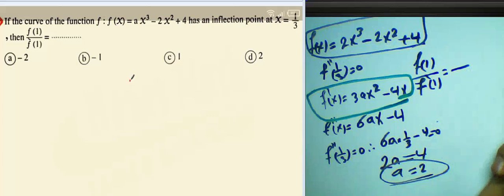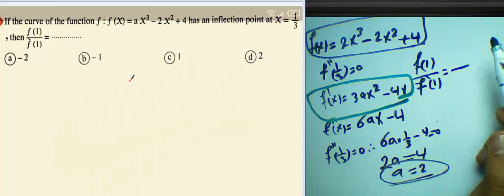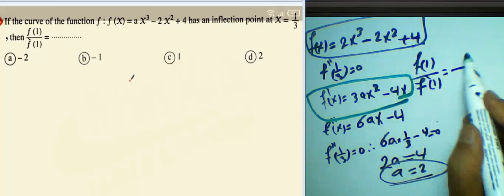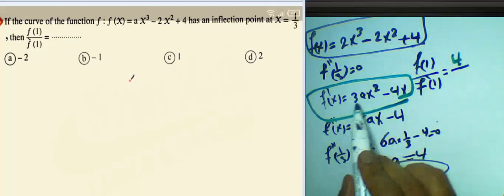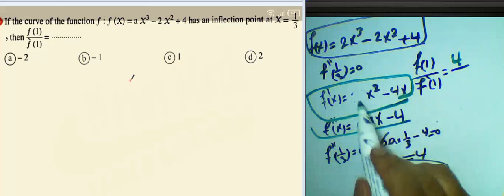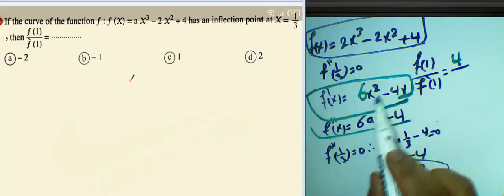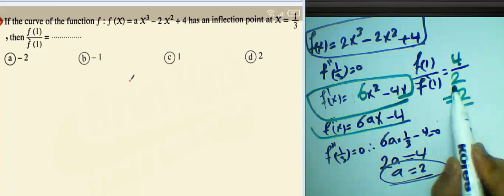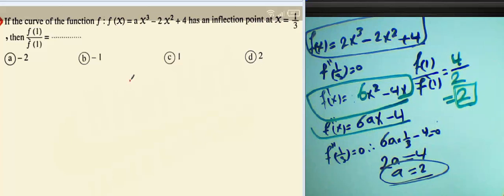It will be 2 minus 2, which is 0, plus 4 equals 4. And f dash of 1 here will be 2 times 3 equals 6, so 6x power 2, write 1 here, it will be 6 minus 4 equals 2. The result will be 2, so choose letter D.